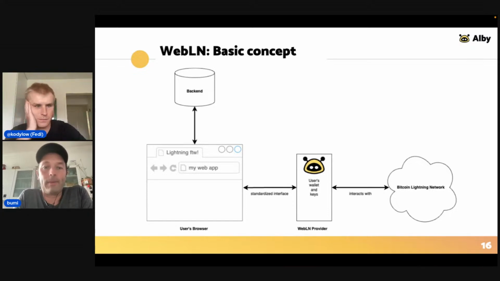And through this WebLN provider, the web browser, this application that is shown in the browser, can talk and interact with the Bitcoin Lightning Network. So that's the idea: WebLN provides a standardized interface to the user's wallet, and through that wallet, these applications can interact with the Bitcoin Lightning Network.